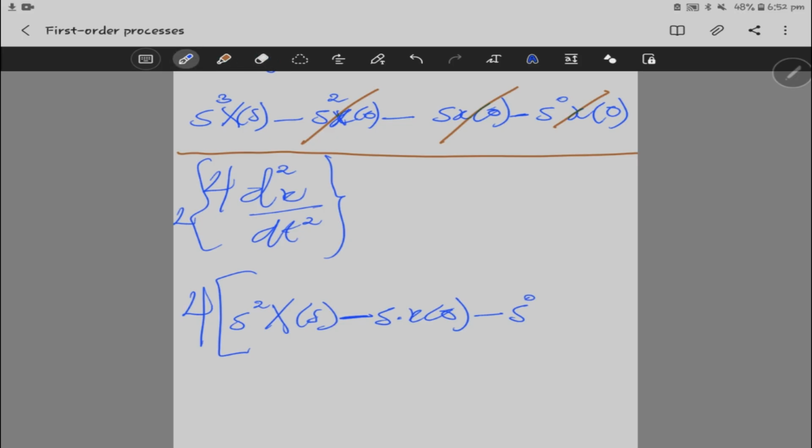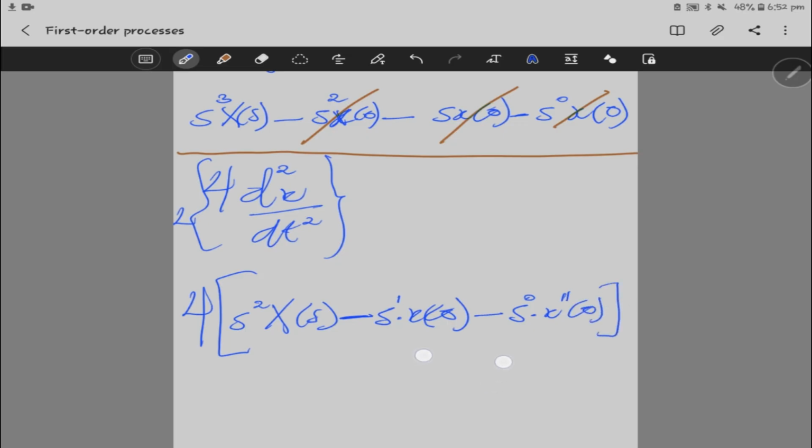If you want to make your work easier, just write everything and then do the simplification later. So this is power 2 here, power 1 here, power 0 here. Because now you're starting the whole process, you should be able to write this to make your work easier. So x of 0, and then we have here x second derivative 0.